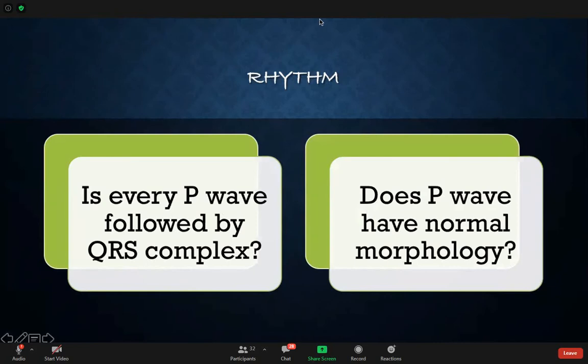Anyone want to tell me how to calculate the rate? 300 divided by the number of what, Abdurrahman? The number of big squares, 300 divided by that, that's true. Okay, and to use this, it has to be what?